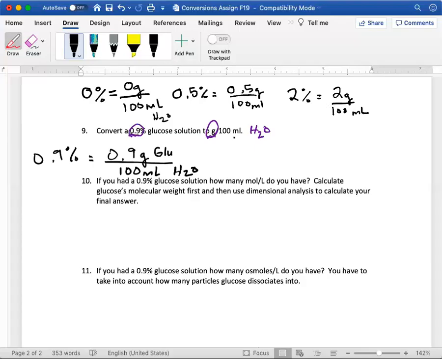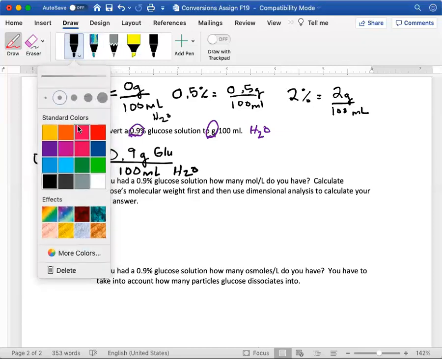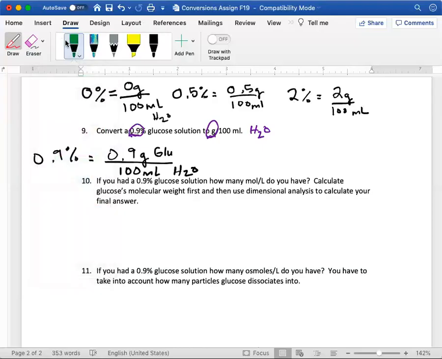Okay, so when we put particles in water, the amount of particles in water gives you a pressure or a pull on water. So the lower the amount of particles, the lower the osmotic pressure of the solution. The higher the amount of particles, the higher the osmotic pressure is. So why am I bringing this up? We're going to talk about osmotic pressure during lab, again with the red blood cells.